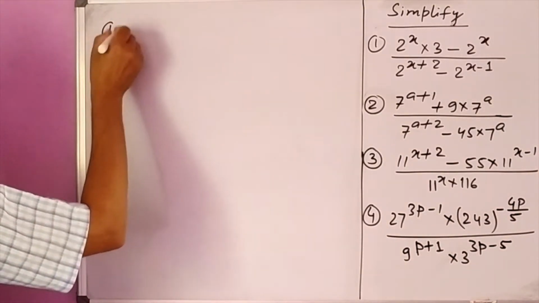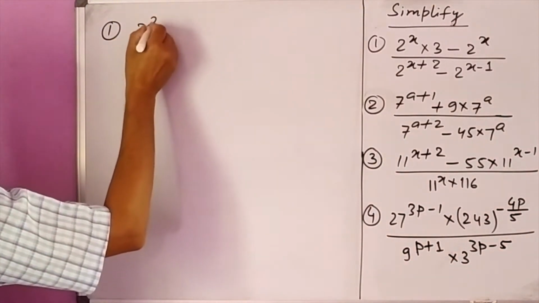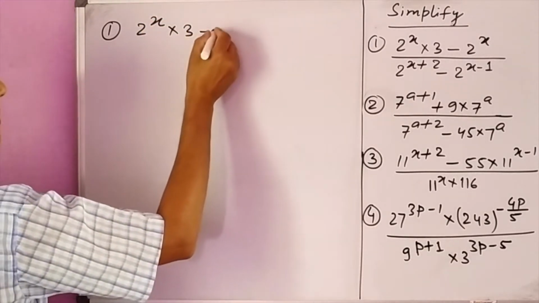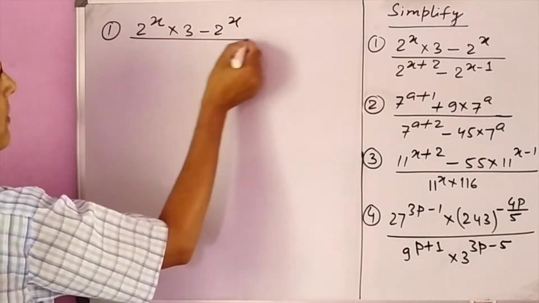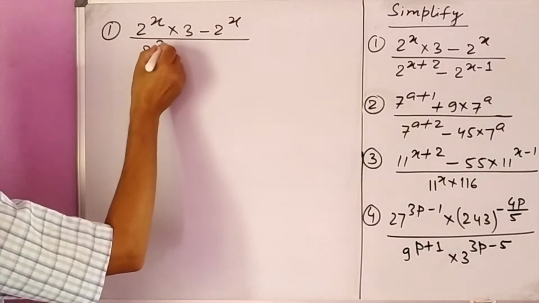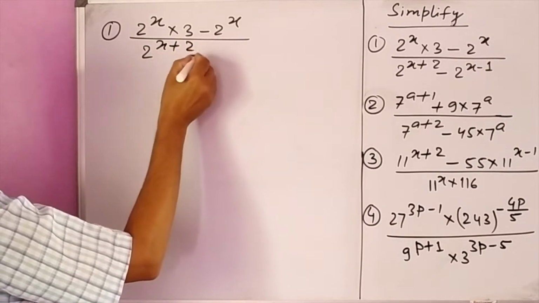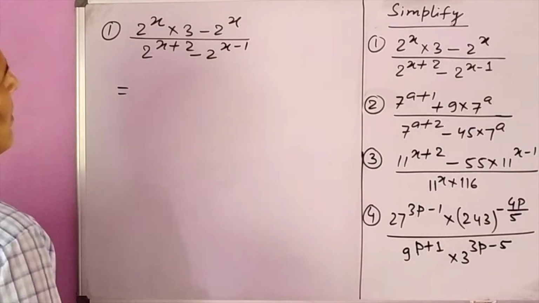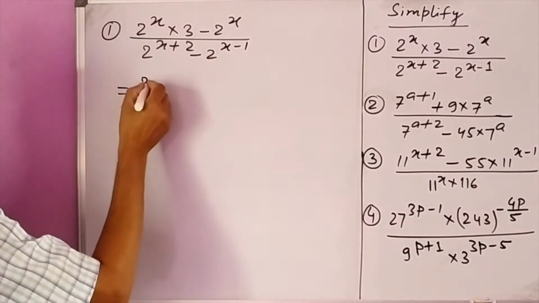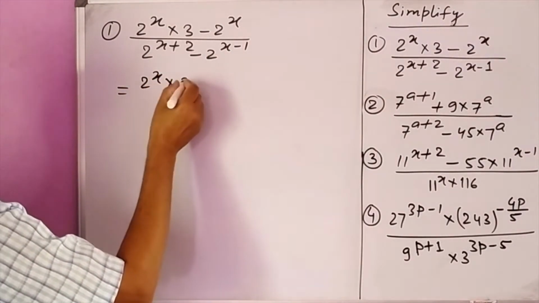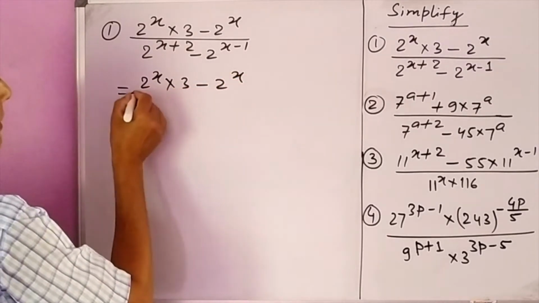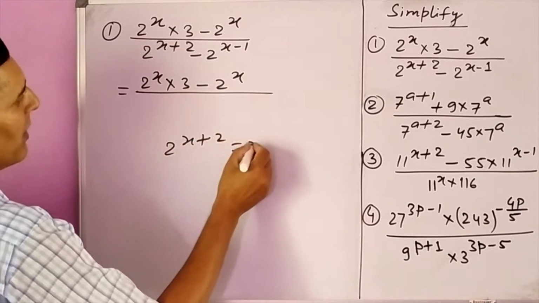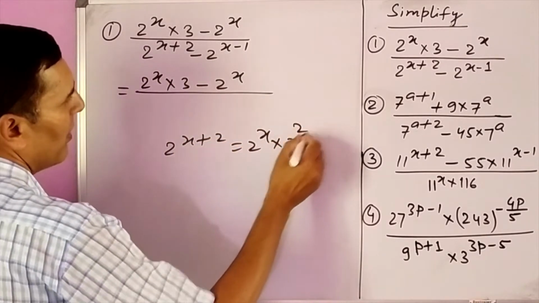So our first question is 2 to the power x into 3 minus 2 to the power x, upon 2 to the power x plus 2 minus 2 to the power x minus 1. In the denominator, this 2 to the power x plus 2 can be written as 2 to the power x into 2 to the power 2.